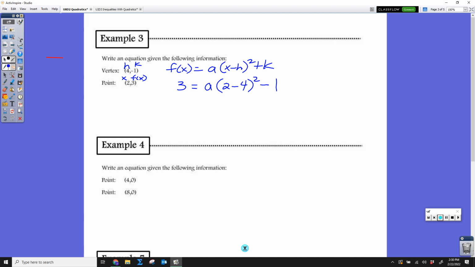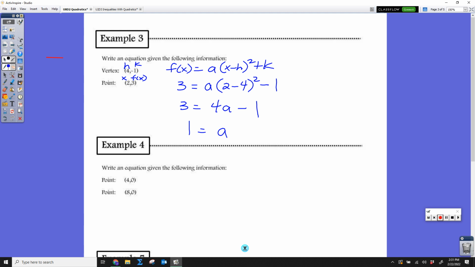Really the only thing we're not sure of in our formula is the a value. So 2 minus 4 is negative 2. Negative 2 squared would be 4, so we're left with 3 equals 4 times a minus 1. So a is equal to 1. Add the 1, divide by 4.